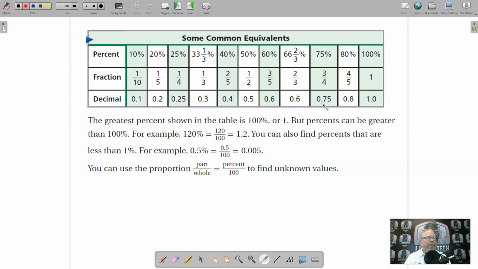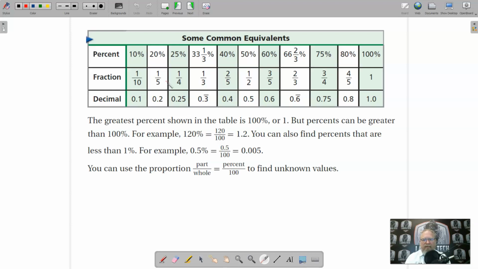What are some of the other popular ones? Maybe 10% is written as 0.1, or 1/10, 1 part of 100. Other ones that are popular, like the 20%. Notice that the 20, 40, 60, and 80%, those are broken into fifths, right? Because 100 will divide evenly by 5, and that equals 20.